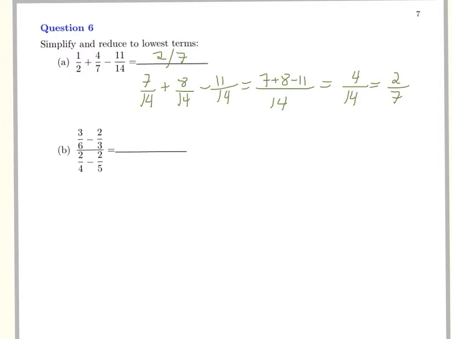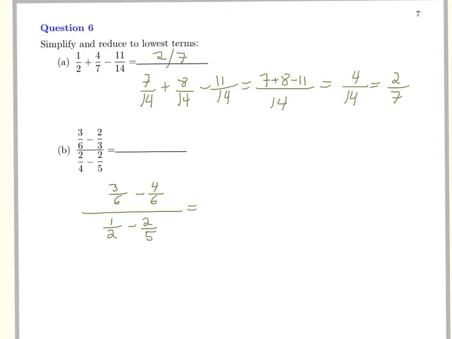And then for part B, well, the numerator is 3 sixes minus 2/3, which we'll write as 4 sixes to have the same denominator. And let's reduce 2/4 to 1/2 minus 2/5.